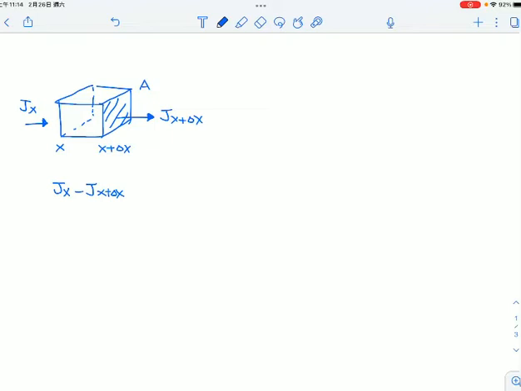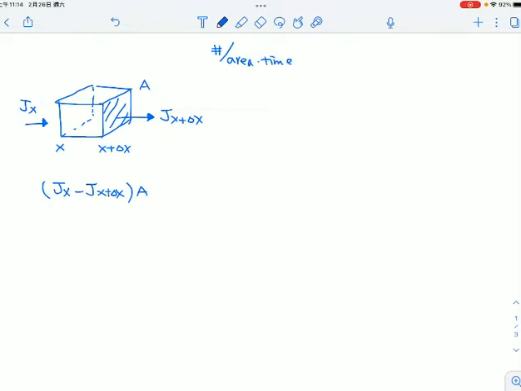And if I multiply by the area, this is how many atoms are left inside this system, right? Because the unit of this flux, if it is a mass flux, is number of atoms per area per unit time.